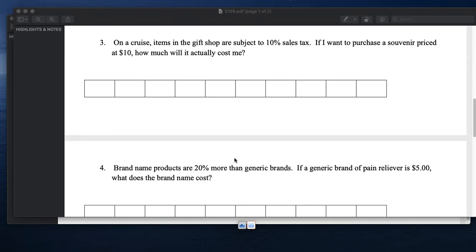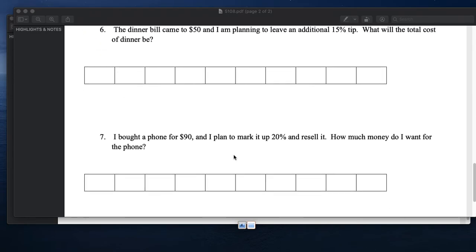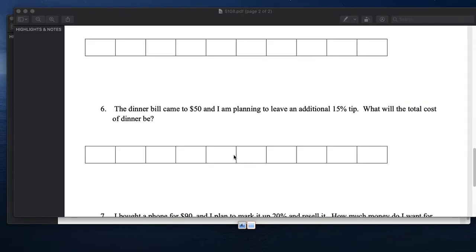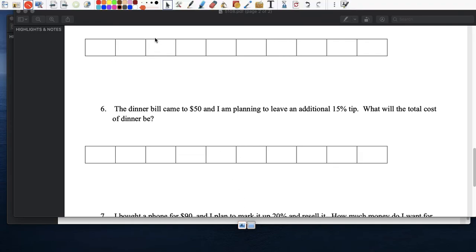Okay, so I'm going to move around. I'll do all of them. Let's do this one, the dinner again. So the dinner, here's percentage. So the bottom is always percentage. So what was the total?